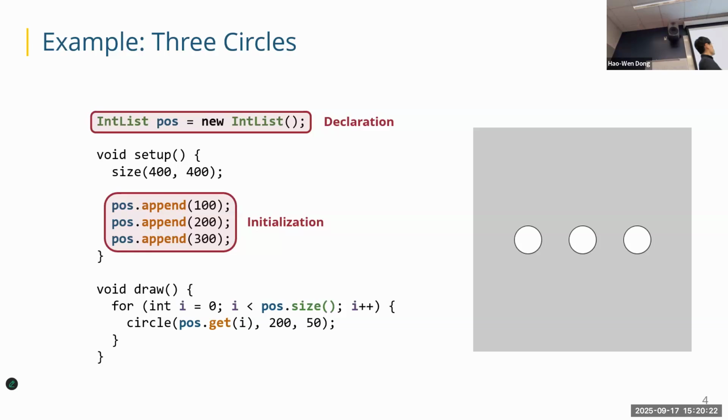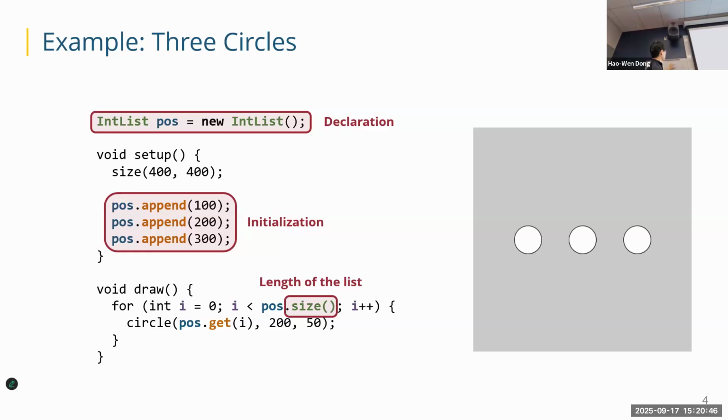Now, instead of the array where you do array.length, you do position.size. It will calculate how long this is. If you do position.size, it will return 3. It will count how many items you have.